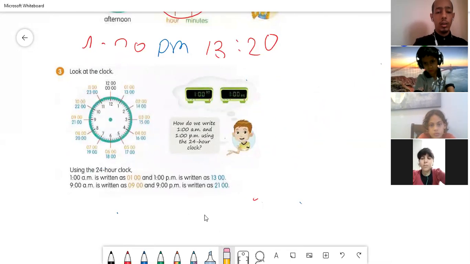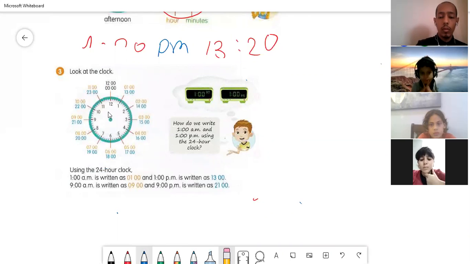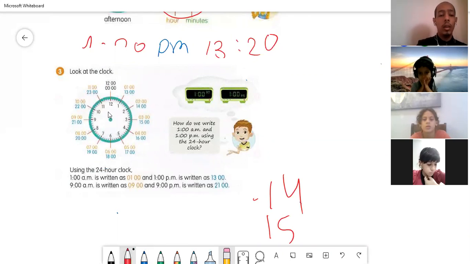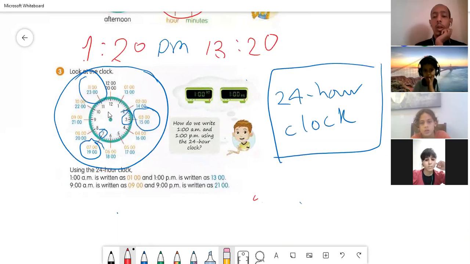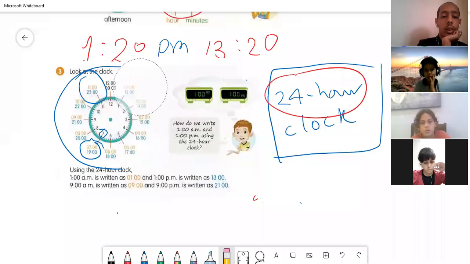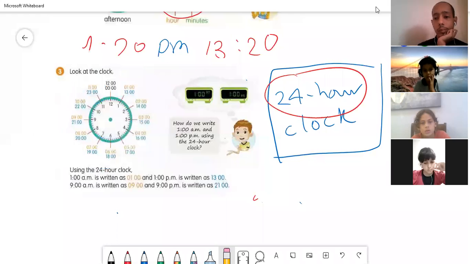If you have this clock, guys, do you have, for example, 14 or 15 in the clock? We don't have, right? So how could we know it is, for example, 14 when we are talking about the 24-hour clock? How to say that? Okay, thank you, everyone. Don't write anything.